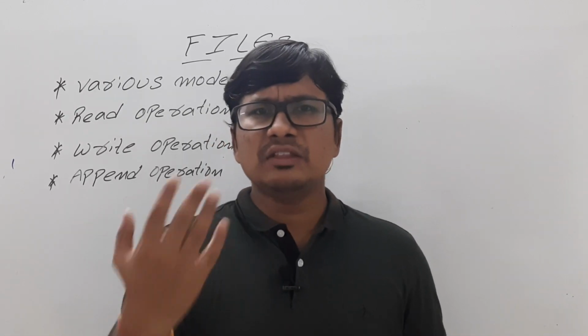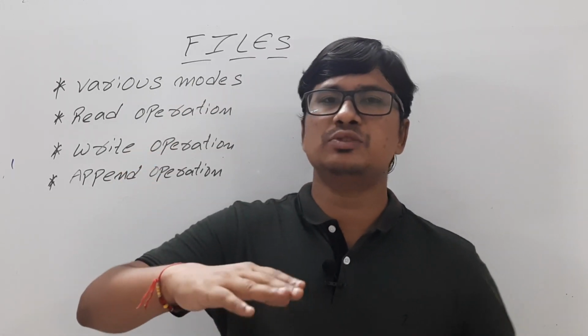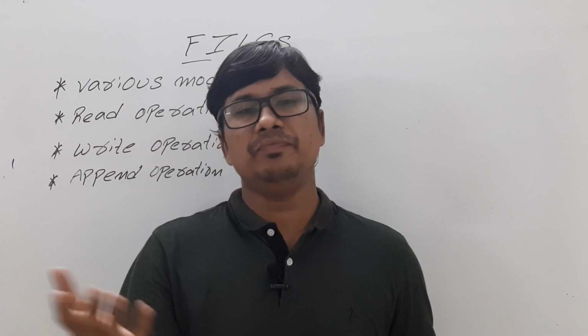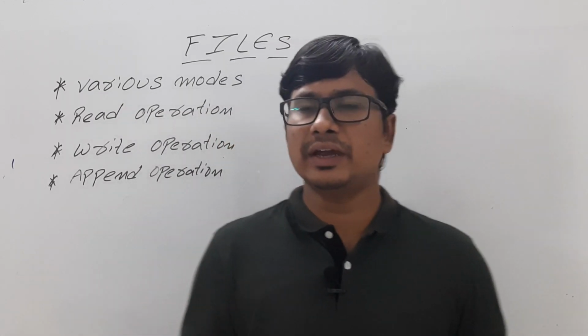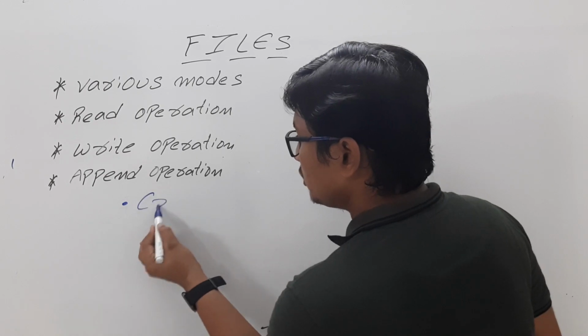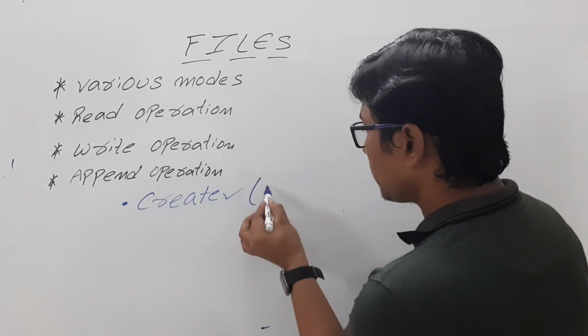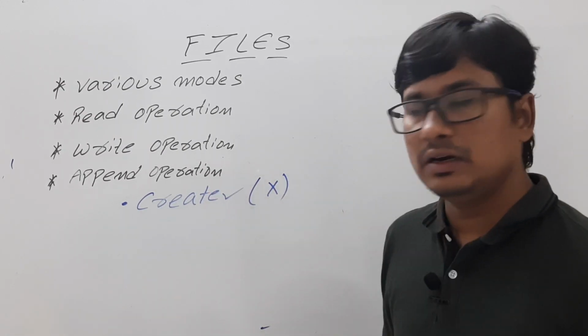Now, what are the various modes? We can perform several tasks once we open a file. One is that you can create the file if it is not existing. Is it clear? Using the X. Okay.